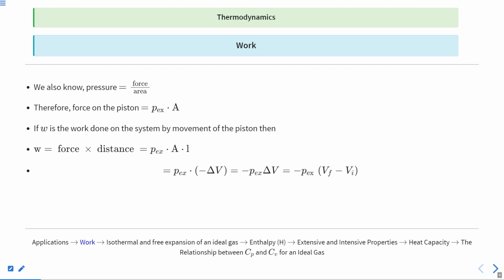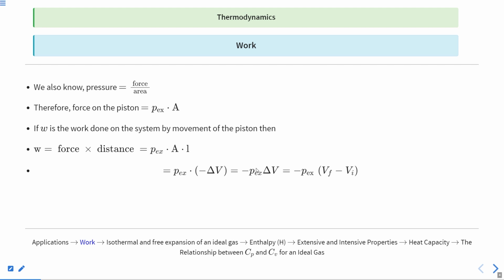And if it is done by the system, for example if the gas would have expanded by its own, then it is called work done by the system. In that case, the work done should come out to be negative. So to maintain that IUPAC convention, we take a negative sign against it, so that the work done on the system remains positive. So that would give you minus P external delta V.